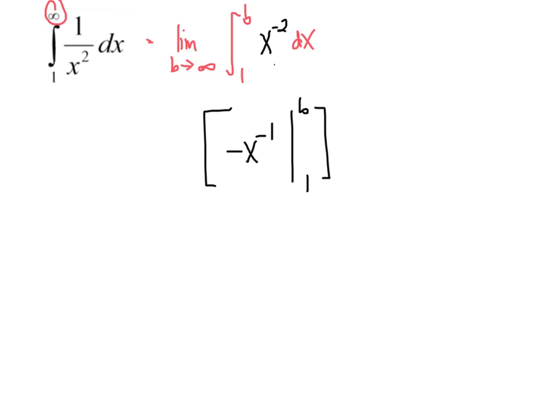And I'm just going to drop this limit statement out front. So nothing is really changing from our normal working of integrals. Now, instead of writing -x to the -1st, I think it would be easier to write it as -1 over x.